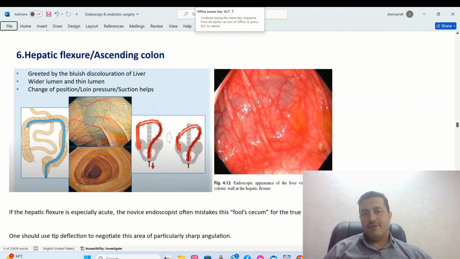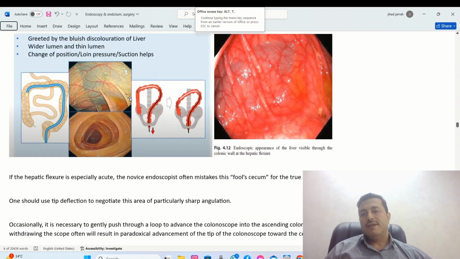It's noticed that the ascending colon has a wider lumen with a thin wall. Changing position, pressure and suctioning will help.